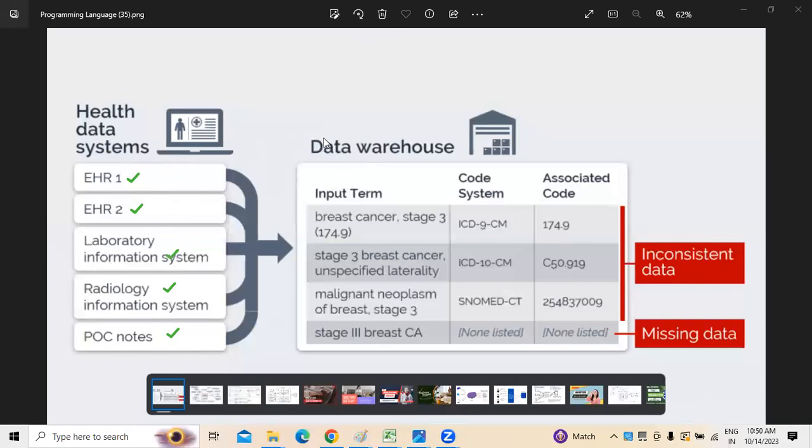So normally we connect this to the data warehouse, wherein whatever diagnosis was made, based on the kind of input term we have taken, irrespective of the diagnosis that particular individual carries, the ICD code systems we are using will differ. ICD-9-CM is generally used for the input terminology, followed by the associated code 174.9.